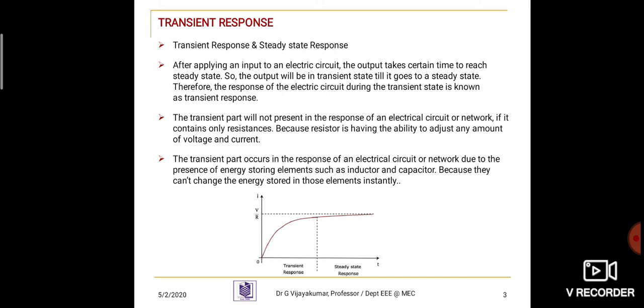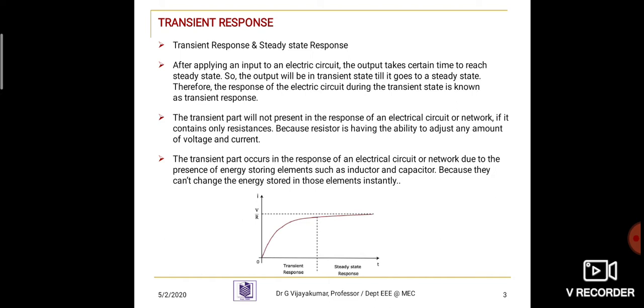Therefore, the response of the electric circuit during the transient state is known as transient response. The transient response will be 0 for a large value of time t. Ideally the value of t should be infinite, but in a practical case 5 time constants are sufficient.